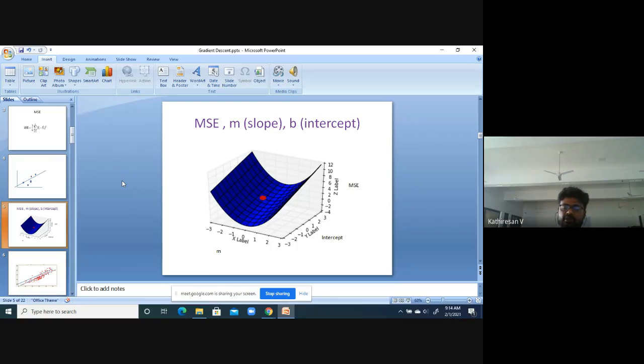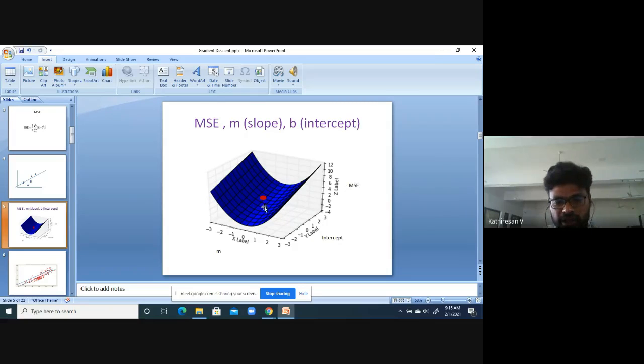If we represent these three, MSE, intercept and M, in a three-dimensional graph, it is always a parabolic curve between MSE and intercept, and a parabolic curve between MSE and M. But if we do this, you will get a cup kind of graph. I hope you can understand how it looks. It looks like a bowl kind of curve. So here only global minima is there.